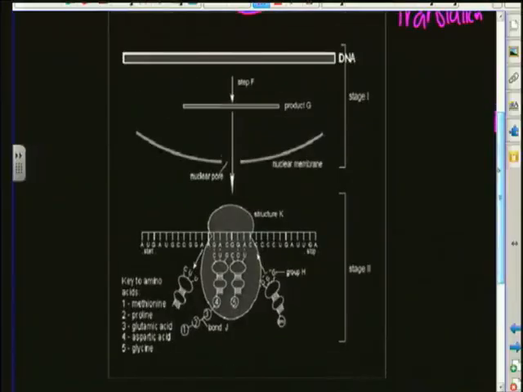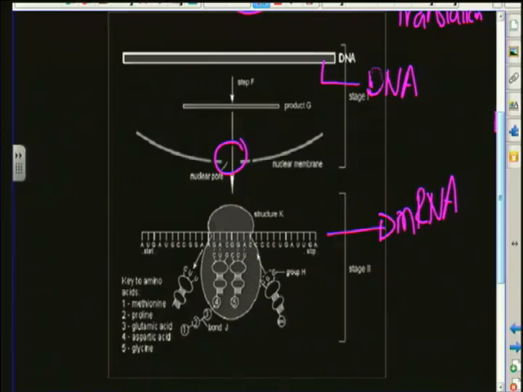If you have a look very carefully, here's my DNA. Then there's a process that goes out the nuclear pore, and there is another strand, which we should already see is mRNA. And where does translation occur? On that organelle called a ribosome.